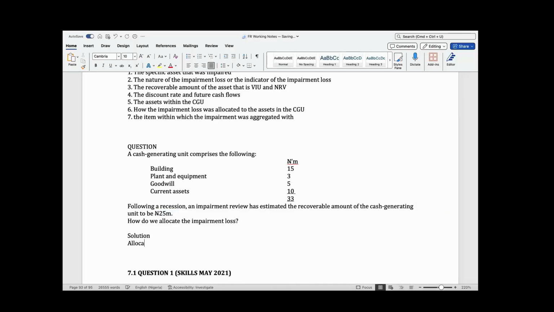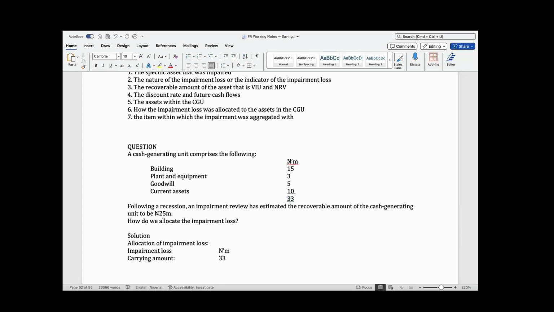This one basically is talking about allocation of impairment loss. First, how much is the impairment loss itself? The carrying amount of the entire assets is 33 million.